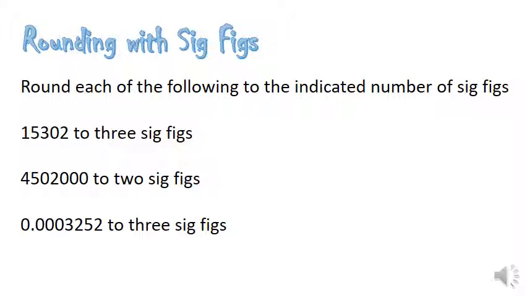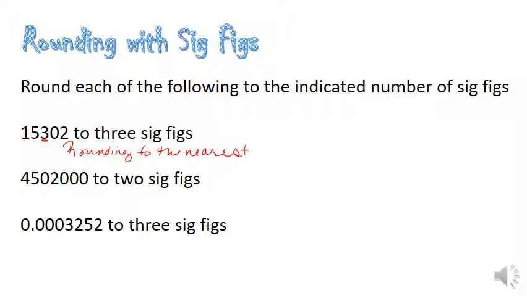Interestingly enough, rounding with significant figures seems to be one of the more difficult tasks for students. What we're saying when we say round this number to 3 sig figs is I want this number rounded so that we are rounding to the nearest place value of that one.